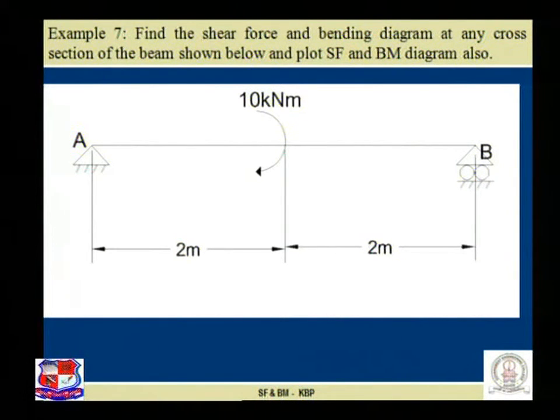The given beam is a simply supported beam, so as we know, our first step is to find the support reactions by our usual methods.